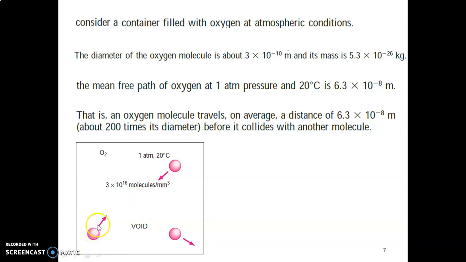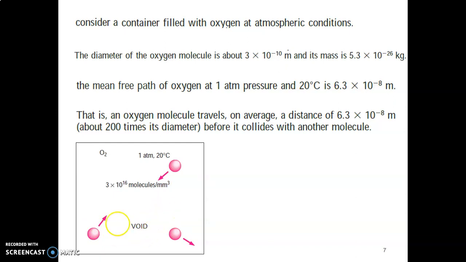Suppose this molecule is then moving towards the next molecule, the third molecule, and we are measuring the distance from the first collision to the second collision. That means after the first collision, this molecule will again move to this molecule and it will collide with this. So the distance between these consecutive collisions is measured.